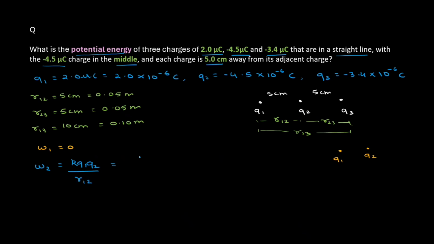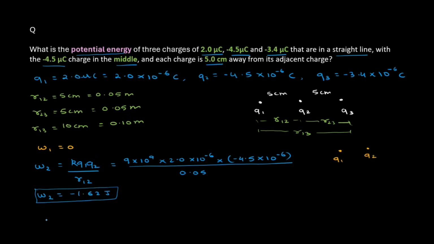So we solve for this. k is 9 times 10 to the power 9. Q1 is 2 times 10 to the power negative 6. Q2 is negative 4.5 times 10 to the power negative 6. And distance between them is 0.05. That gives me work done in bringing charge 2 to be equal to negative 1.62 joule.